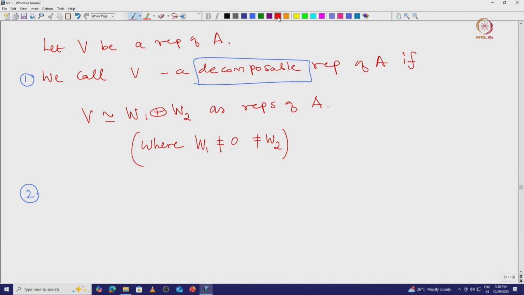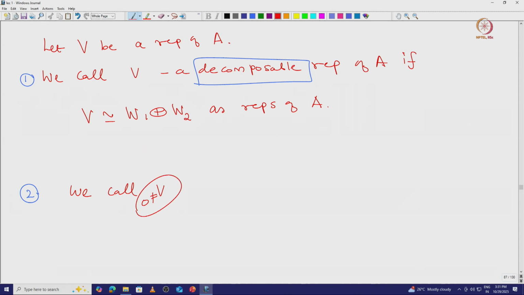The indecomposable representations are the non-zero representations which are not decomposable. That means they are not isomorphic to a direct sum of two non-zero representations. To begin with, indecomposable representations we assume to be non-zero.